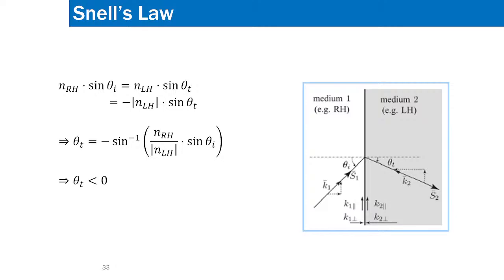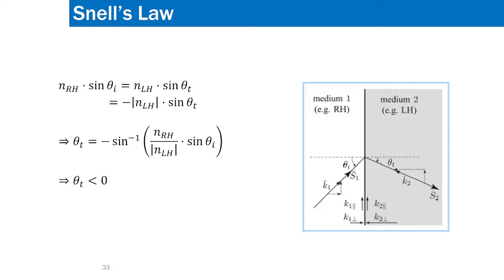Theta t is negative means the angle is measured in the clockwise direction. So the refracted or transmitted angle will be in the clockwise direction. As you can see in the figure, the refracted angle is in the clockwise direction, instead of being in the anti-clockwise direction.